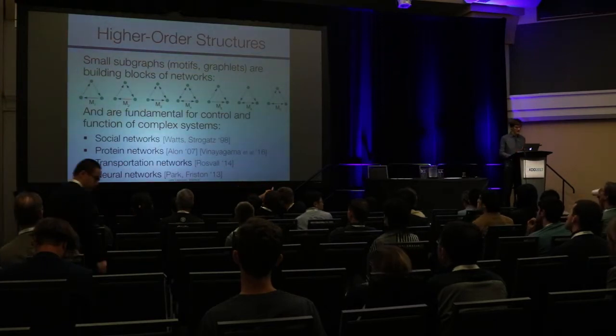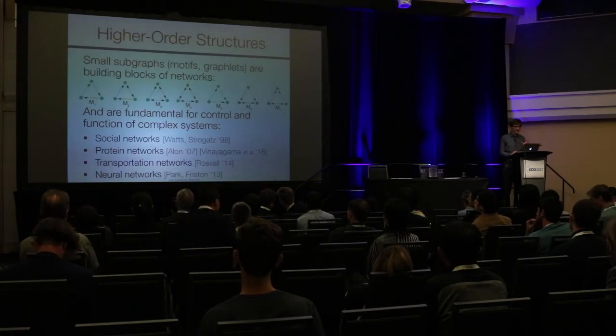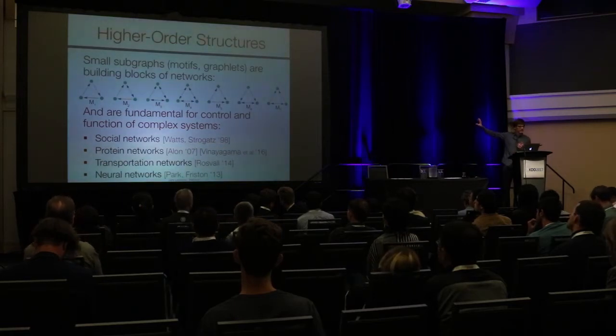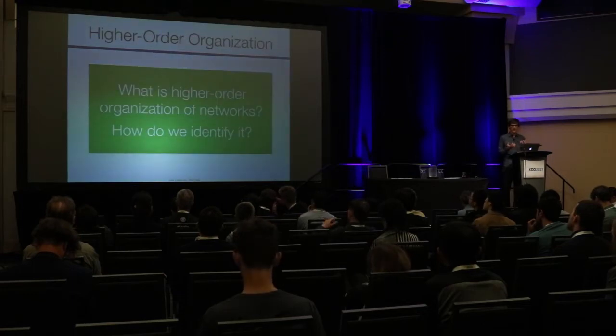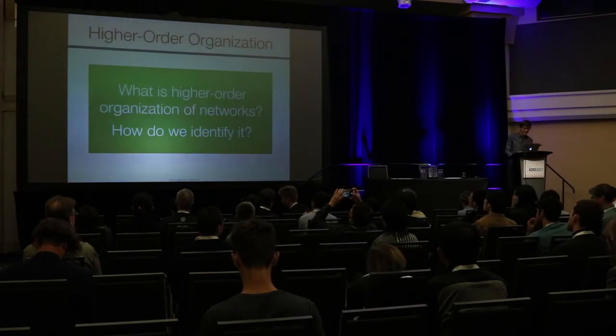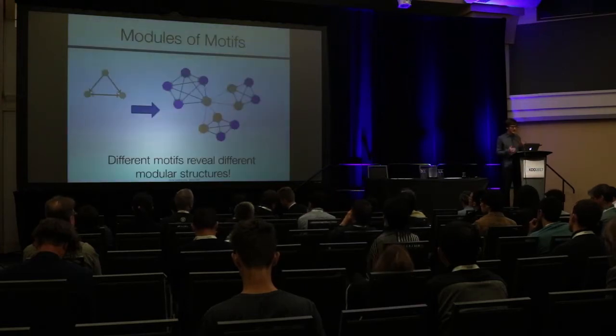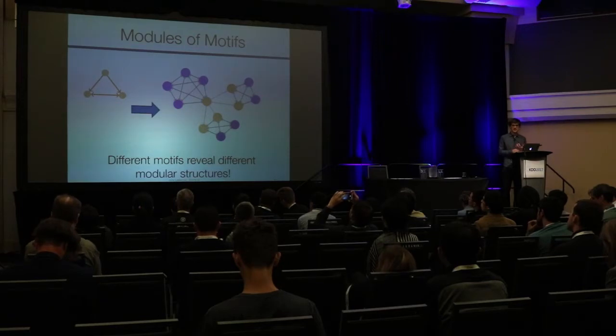So the question then becomes, how can I understand the organization of networks at the level of these types of subgraphs? And how do I extract organization at the level of subgraphs? Basically the idea is, can I cluster the network based on a given subgraph? Here's the simple idea.